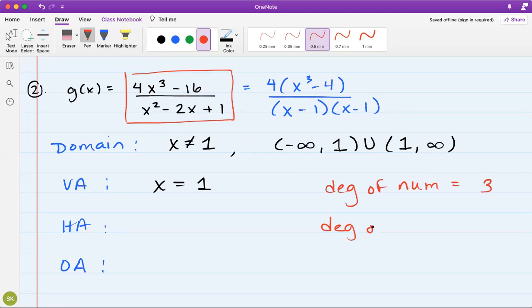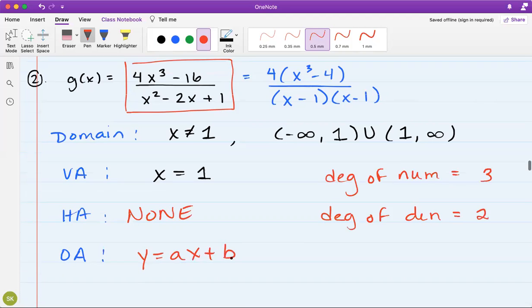And the degree of the denominator is equal to 2. Because the degree of the numerator is not less than or equal to the degree of the denominator, there's no horizontal asymptote. Because the degree of the numerator is 1 more than the degree of the denominator, we do have an oblique asymptote. And it's y is equal to ax plus b.